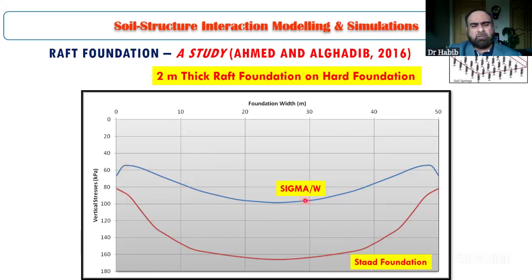But Sigma W is coming up with lesser pressure, first of all, and it has some edge effects also incorporated. With STAAD, if we consider, for example, a spring at the edge only, it will give us a reaction like this, but we have some hogging effect which has been captured by the Sigma W software.